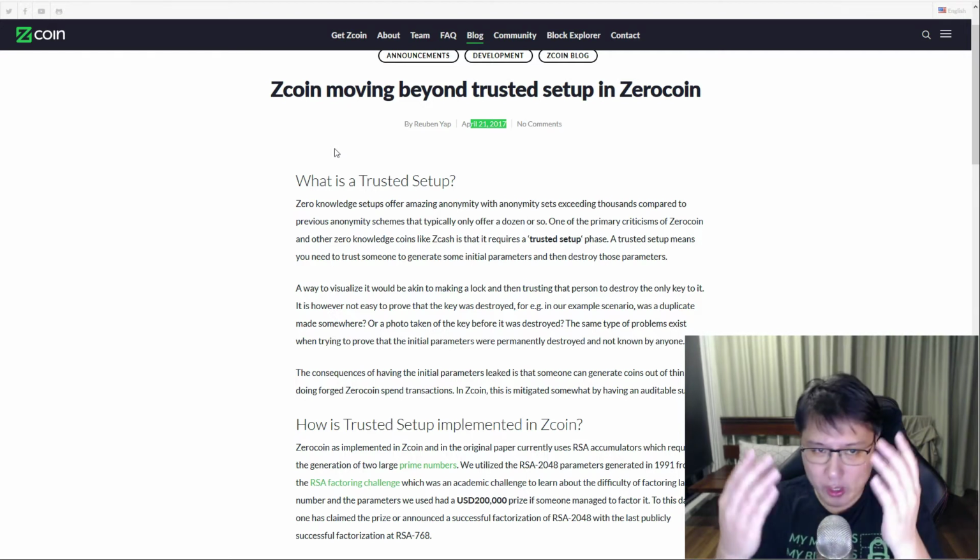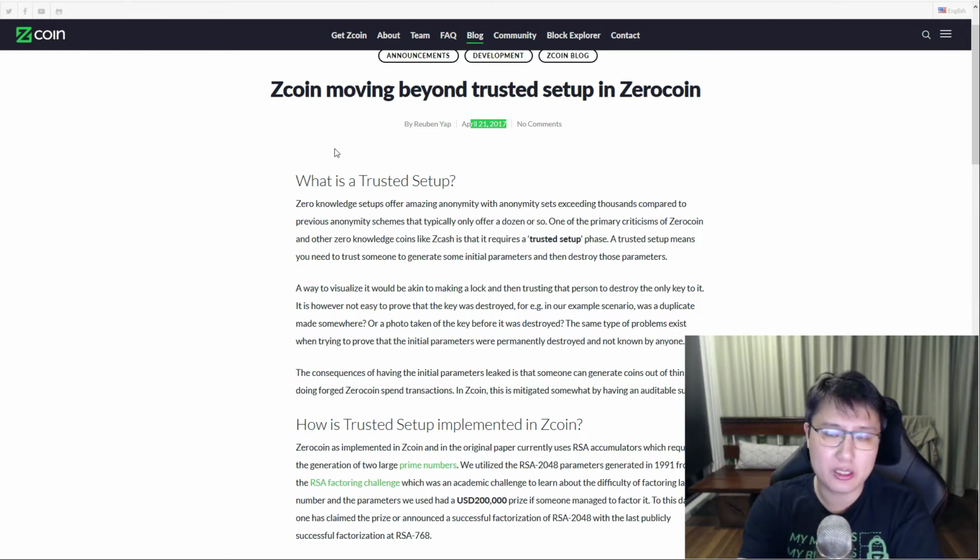Zcash, although it has many amazing properties, solves many of the issues of privacy systems. It's really quick, it's really small, and it's really anonymous. But one of the biggest criticisms of Zcash is the problem of trusted setup. Because when you think of what blockchain is all about, it's don't trust, verify, and you don't need to place your trust in something.